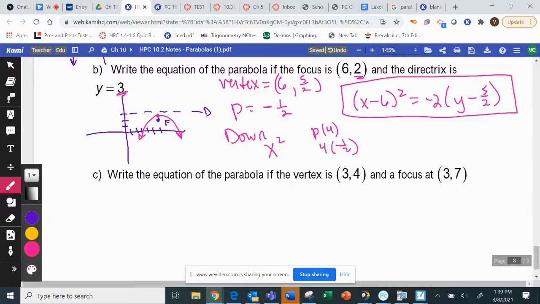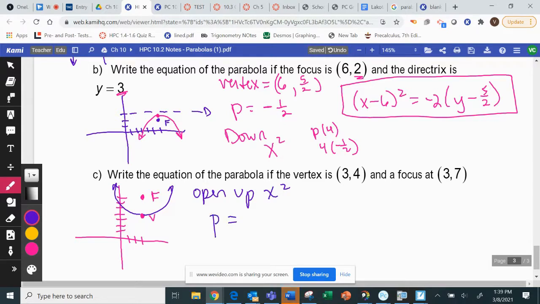All right, and then C says the vertex is at 3, 4, and the focus is at 3, 7. So I can tell that this will open up, so I know it's x squared. My p-value's got to be positive.